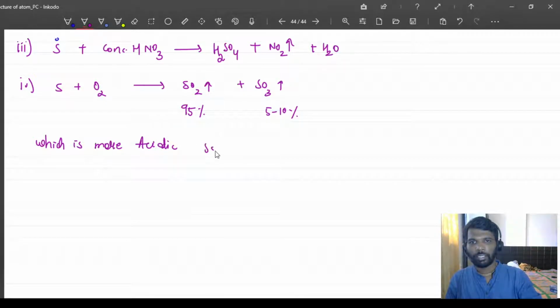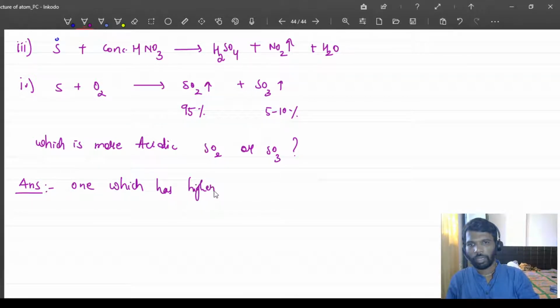Now, if I talk about the acidic strength, which is more acidic, sulfur dioxide or sulfur trioxide? The answer is the compound having the higher oxidation state. The one which has the higher oxidation state is more acidic.